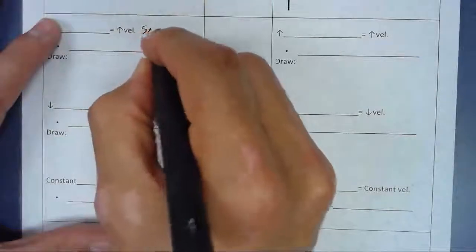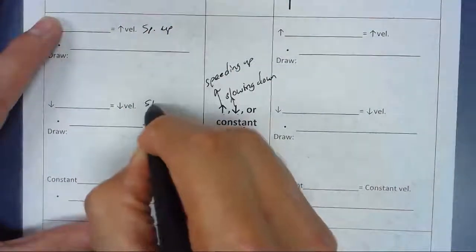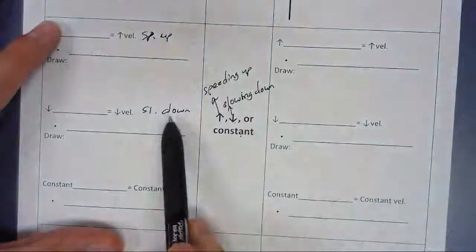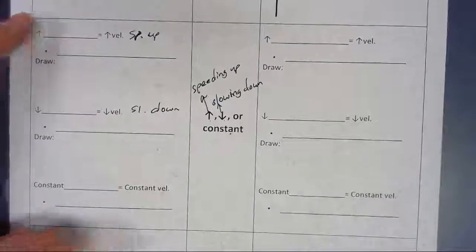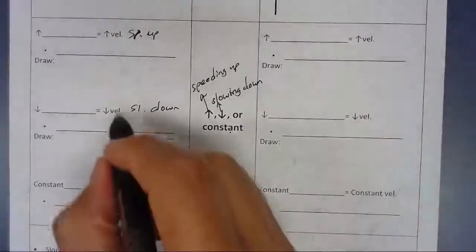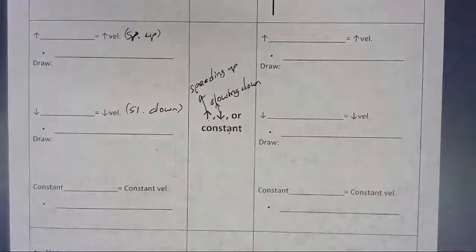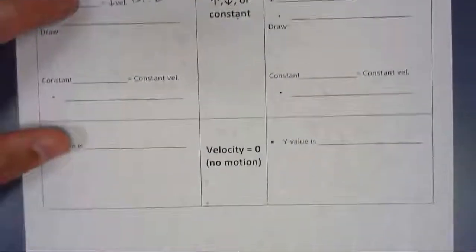So this is speeding up, this one is slowing down. Same thing over here, speeding up, slowing down. You might want to write that just to help yourself remember what increasing velocity, decreasing velocity means. It seems obvious, and it may be, but some people have a hard time. That's the second thing we're going to tell about velocity.